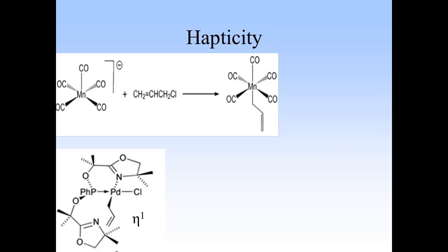Here the propene ligand is attached to manganese with only one carbon atom. So here also the hapticity is 1. Do not count all the 6 carbon atoms and say hapticity is 6. You just count the number of carbon atoms of the organic moiety. You do not count the CO. That is very important.